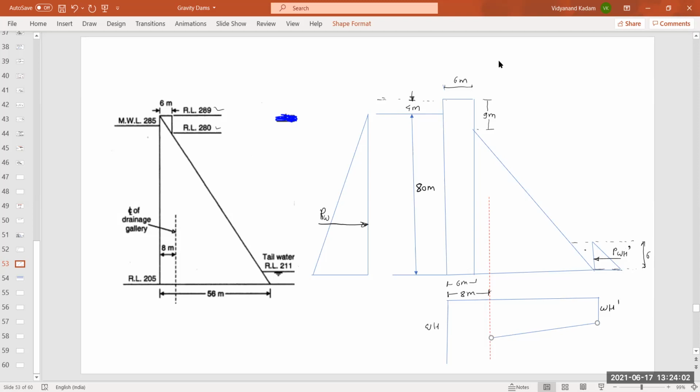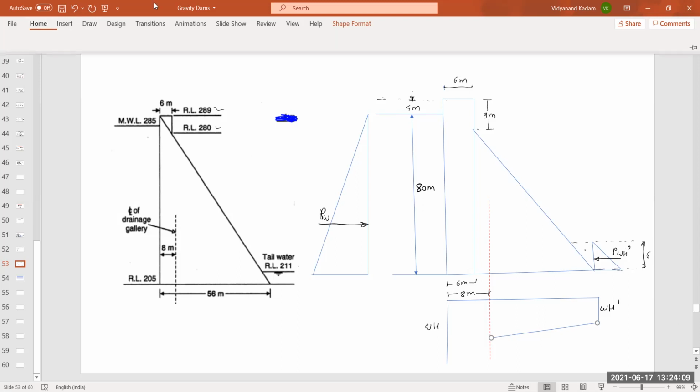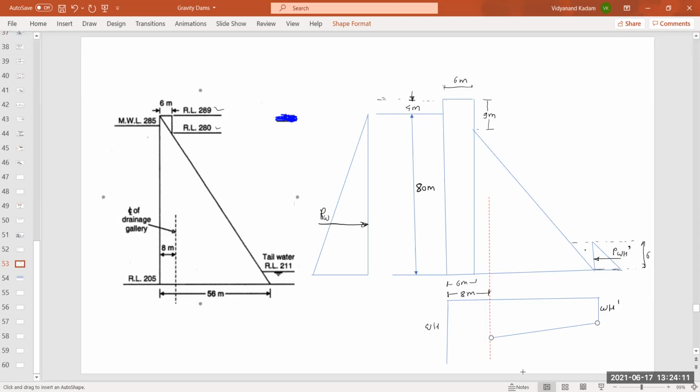Let us first complete the diagram and then we will calculate the values. This is the uplift pressure distribution diagram. And now using these three diagrams, we are going to calculate all the forces.